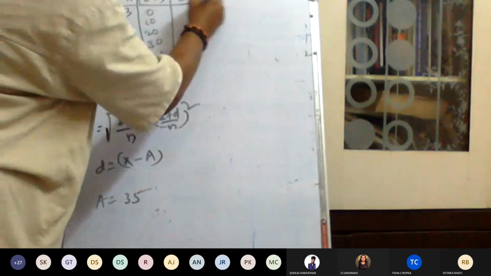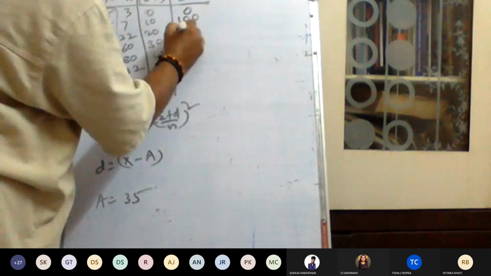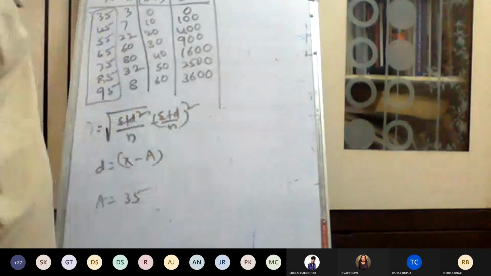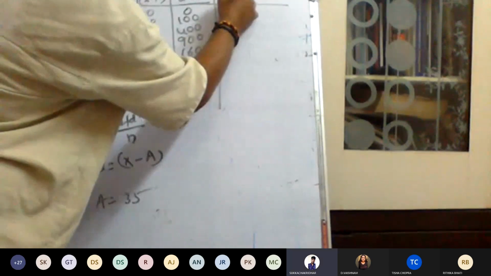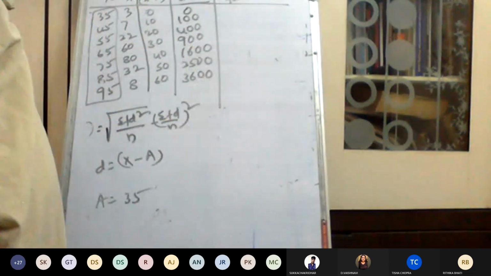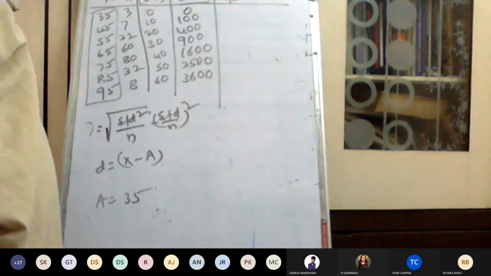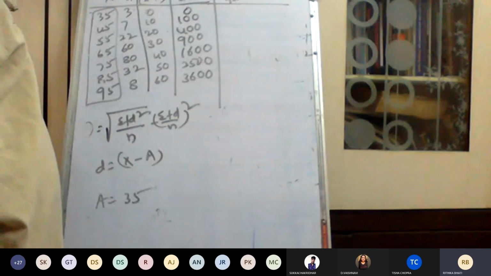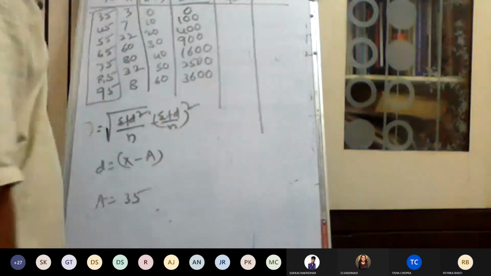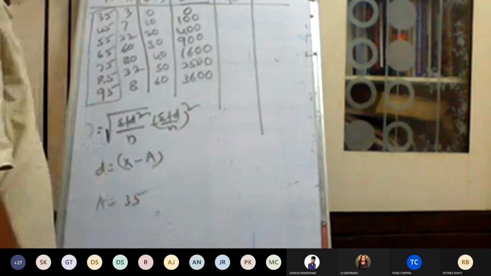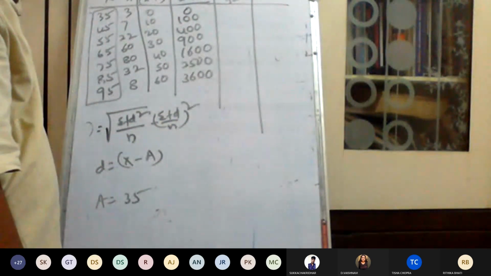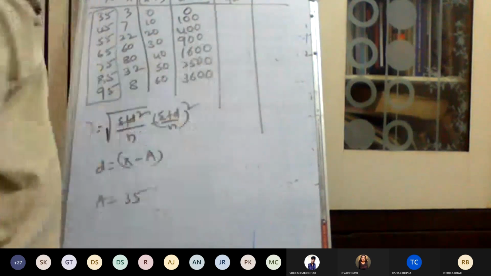So we are doing d square now. D square: 0, 100, 400, 900, 1600, 2500, 3600. Correct?